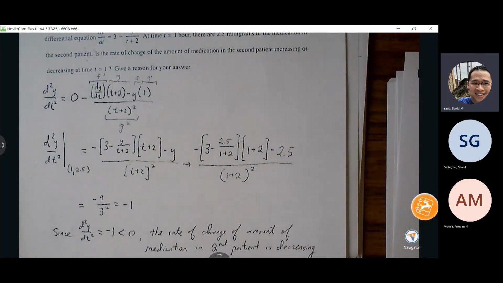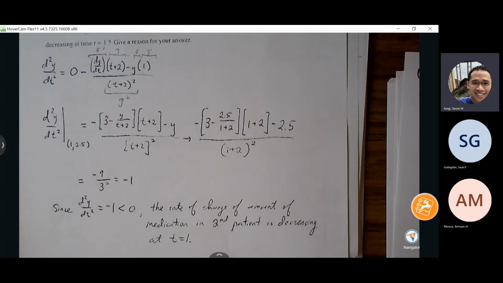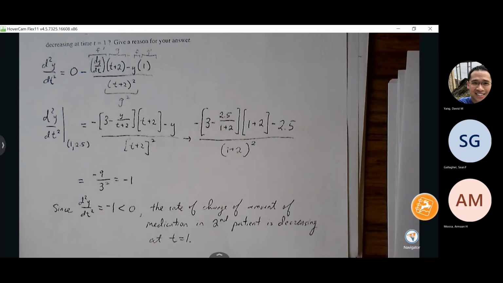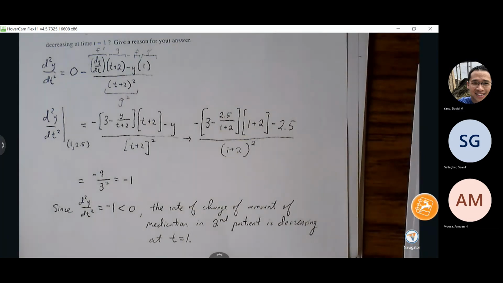Okay, any questions with any of these problems 1 through 6? I got the same stuff, but I ended up getting like 9. Yeah, I forgot to make the first term negative.